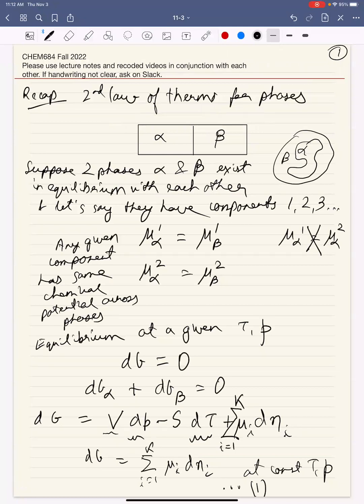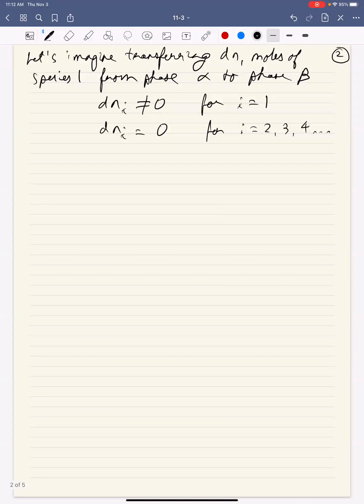We are just trying to recap how the second law of thermodynamics looks for phases. Why is chemical equilibrium the same? So we have constant pressure and temperature, so dG is equal to the summation of mu i dn i. And on top of that, this dn i is non-zero only for component 1. So what does this mean?